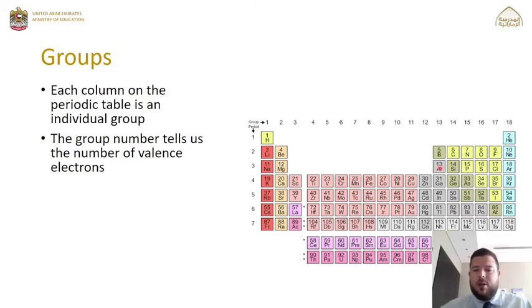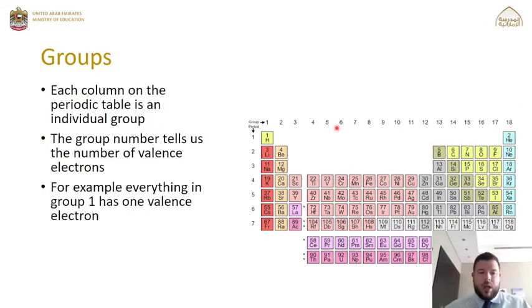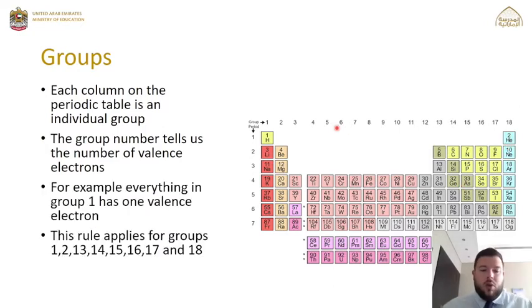So everything in group 13 has 3 valence electrons, group 14 will have 4 valence electrons, 15, 5 valence electrons, 16, 6 valence electrons, 17 will have 7 valence electrons, and 18 will have 8 valence electrons. This rule applies only for those groups I've just spoken about, which is groups 1, 2, 13, 14, 15, 16, 17 and 18.